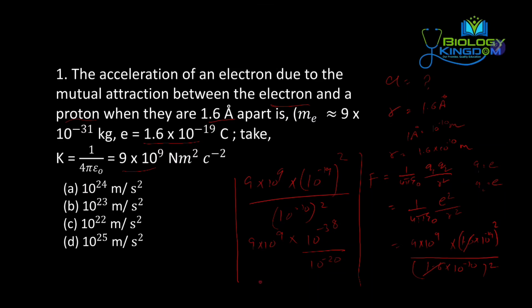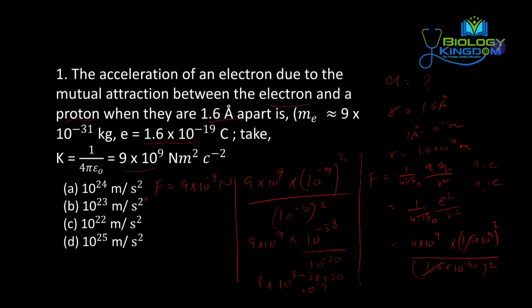So if we solve the powers of 10 here, it will become 9 minus 38 plus 20, and so that will be minus 9. So 10 raised to power minus 9. So the force here is 9 into 10 raised to power minus 9 Newton.